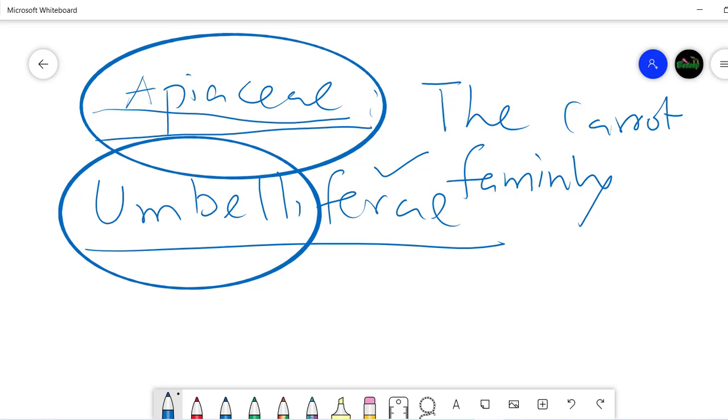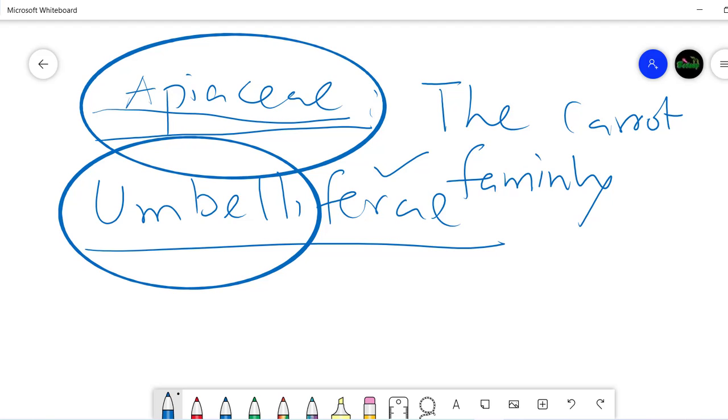Okay, so how are we going to start the description of this family and subsequent families? This is a very difficult task as far as describing a family is concerned, because the description usually contains all the descriptive terms which are part of the description of a family, genus or species.